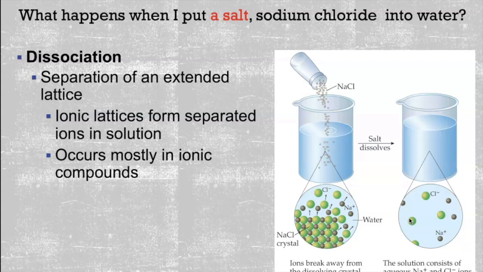Dissociation is a process where an extended lattice of ionic compounds separates, and the ions spread out in solution. This usually occurs in ionic compounds only. It does not necessarily occur in covalent compounds, and there's a very different behavior for covalent compounds.